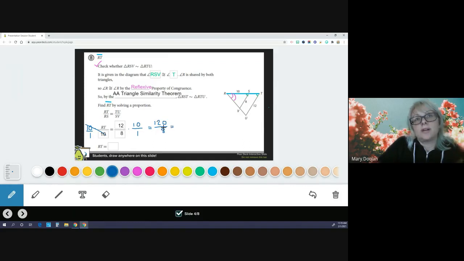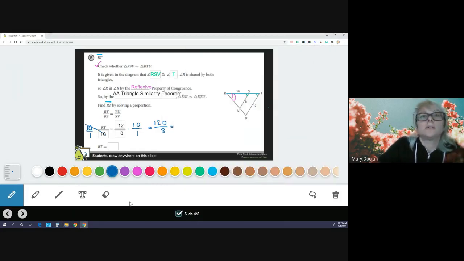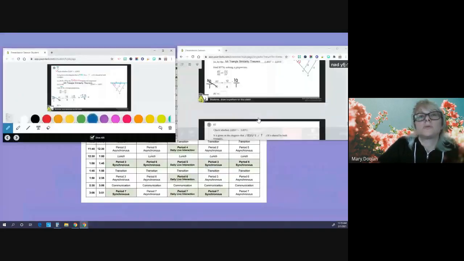And if I simplify, 120 divided by 8, that should go in that evenly. You can use a calculator if you want to. Let me see what you guys are coming up with. 120 divided by 8.